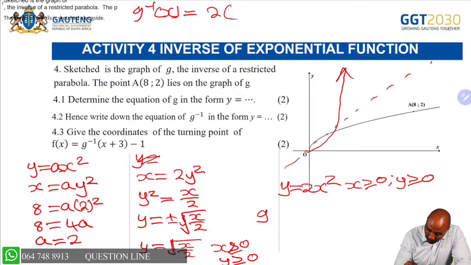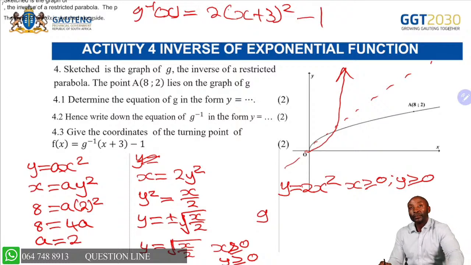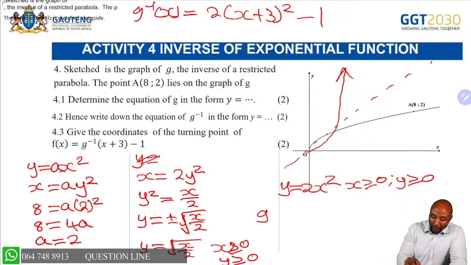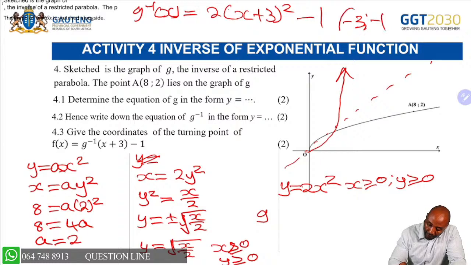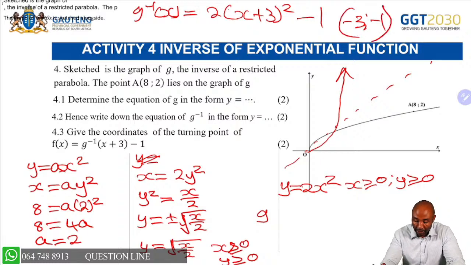In this case, we are replacing x with x plus 3, squared, and minus 1. We know on our normal functions that the turning point of this one is shifted. If it's a plus, it's shifted 3 units to the left, and minus 1 means it's 1 unit down. So this will give us the turning point with coordinates (-3; -1). We get our 2 marks there.